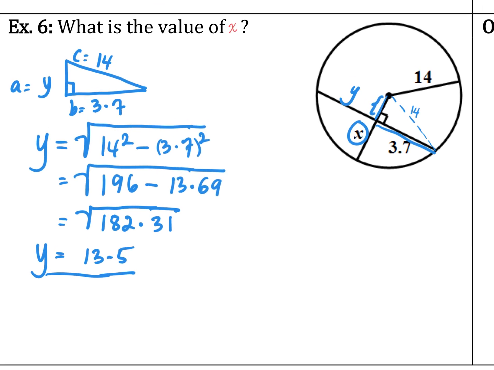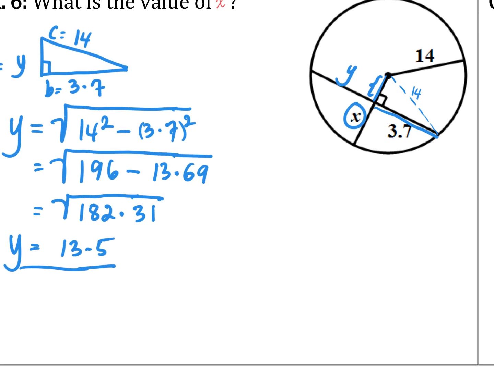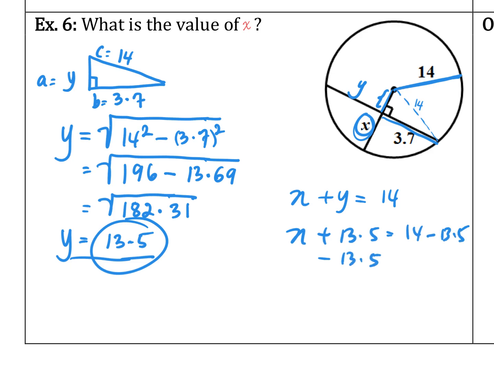What we can do right now is to equate x plus y equal to 14. Why 14? Because my radius has a total of 14. Now, the value of y is in here, so I'm just going to put that in. So x plus 13.5 is equal to 14, minus 13.5 on both sides.